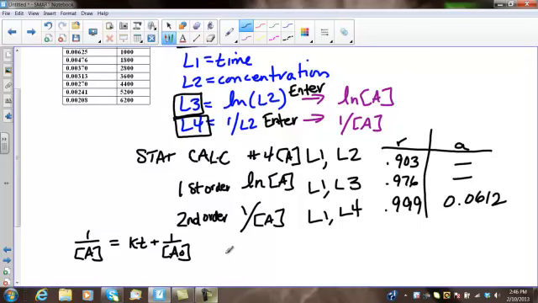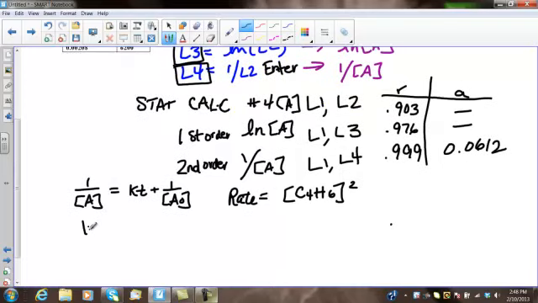In this case, our rate is equal to the concentration of C4H6 squared. This is our integrated rate law. This is simply our rate law over here.